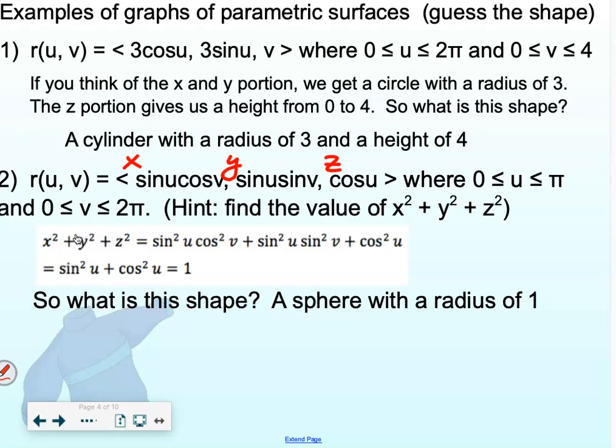So you could think of u as rho and v as phi, if I'm saying that right. Anyway, it's basically just a conversion to spherical coordinates, just like that's really just a conversion to cylindrical coordinates. So anyway, okay, those two shapes are just examples of surfaces.